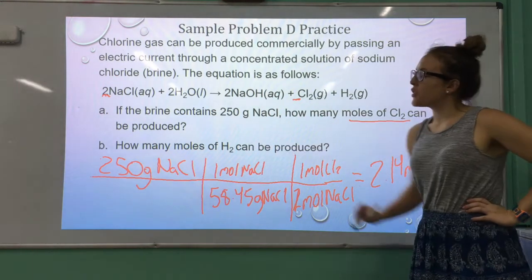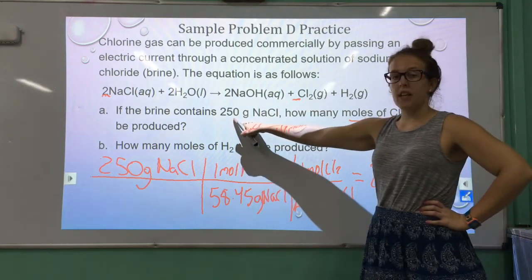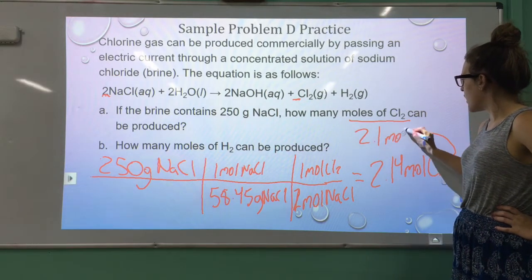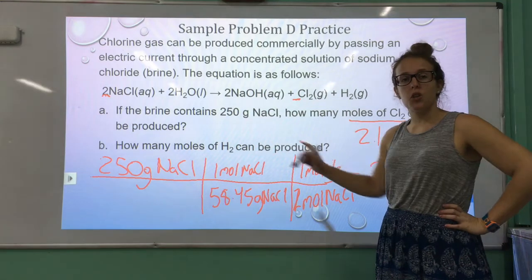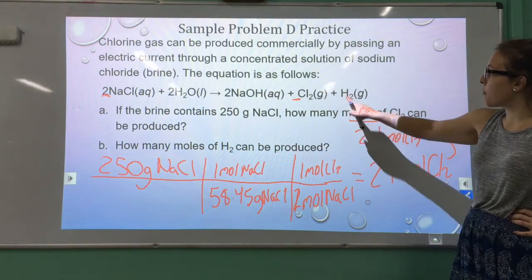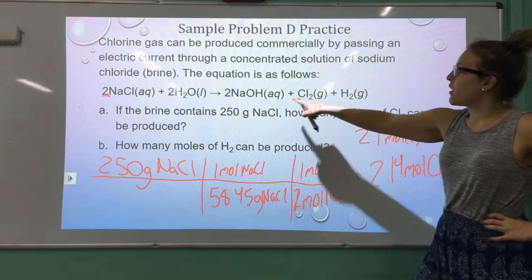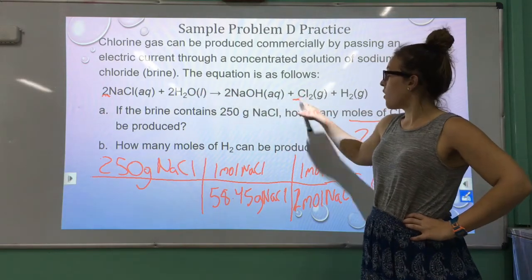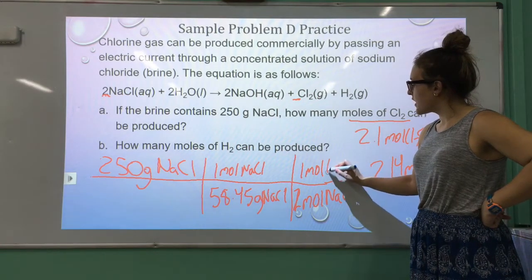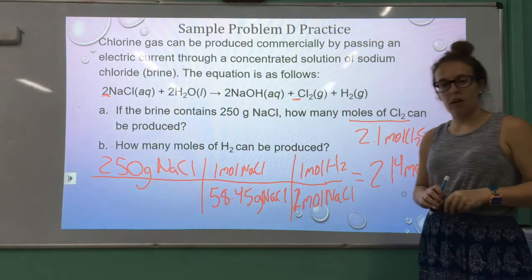But because we only have 2 sig figs in our given quantity, we would then just have 2 in our answer. But how many moles of hydrogen can be produced? We can see that the ratio is the same from sodium chloride to chlorine as it is from sodium chloride to hydrogen. This can now be an H, giving us the exact same amount of moles.